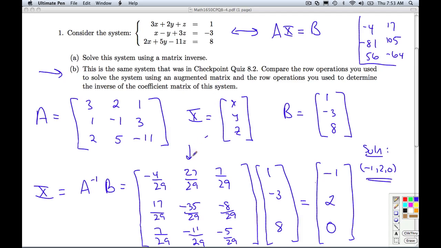And what the A inverse then is really doing is keeping track of the net result of all those row operations, so that if you wanted to change this system, let's say these were 3 parameters, like budgetary constraints, you could change the system and have a 3, a negative 2, and a 15 here. And instead of having to redo the row operations, all you'd have to do is redo this multiplication. All right, so this helps you do sort of parametric analysis of things. So that'll do it for Checkpoint Quiz 8.4.